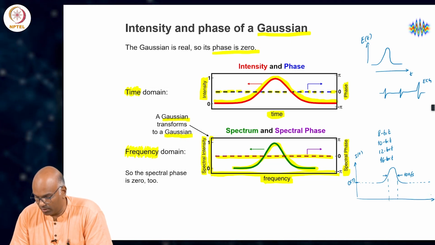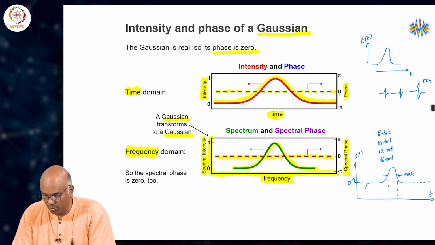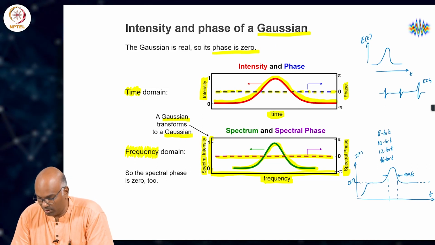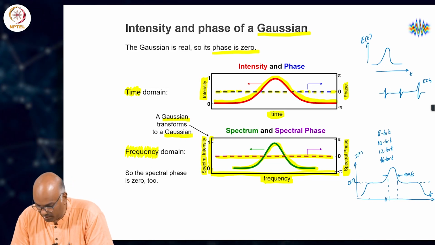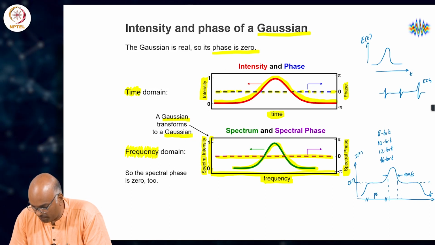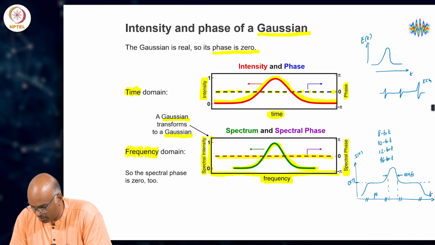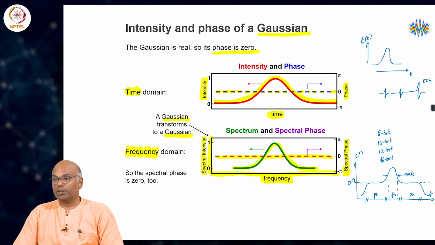On the time axis, unless we measure, we do not know that the pulse is not like this in reality, where you break the scale and introduce a scale of picoseconds here, whereas here it is femtoseconds.